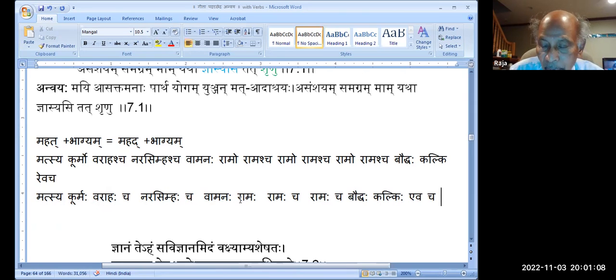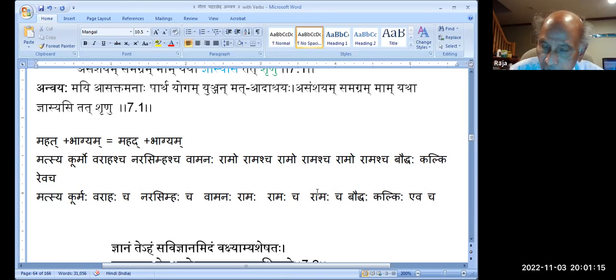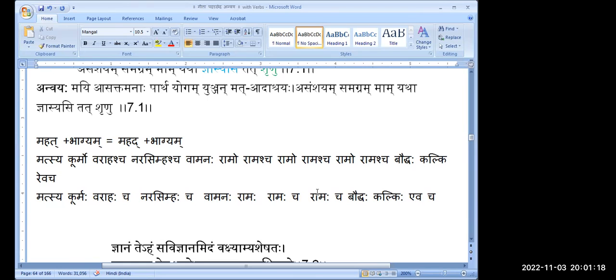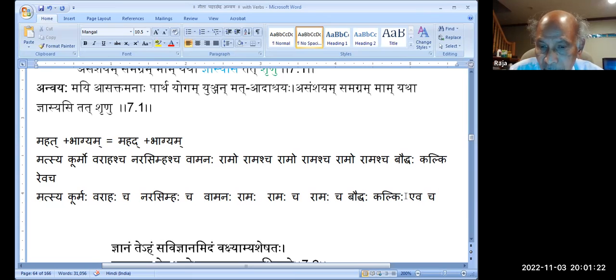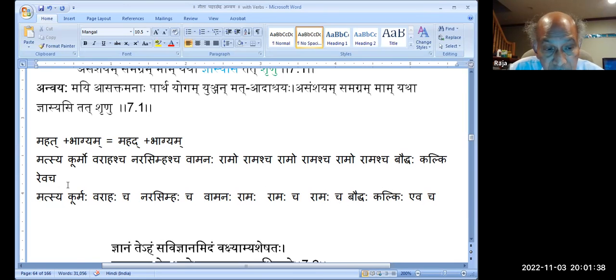This Rama is Bhargava Rama, this is Raghurama, this is Balarama, and Buddha, Kalki Yevacha. There are a lot of consonant sandhis here, not the Visarga sandhis. We're going to spend a lot of time on this. Since most of you are scientists, this one purely explains your theory of evolution.